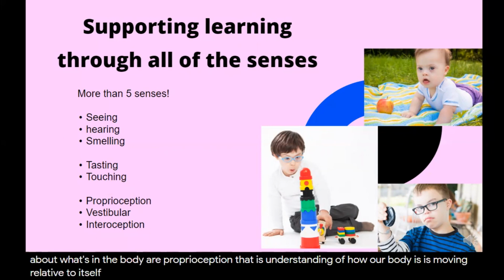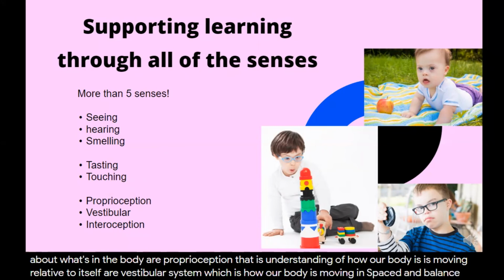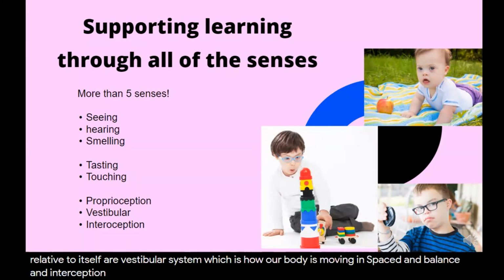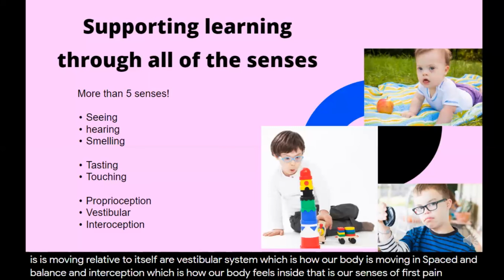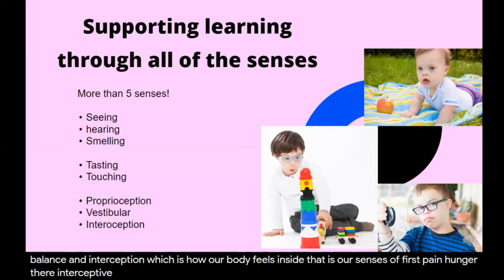Our vestibular system, which is how our body is moving in space, and balance, and interoception, which is how our body feels inside. That is our senses of thirst, pain, and hunger. They're interoceptive. They're things that we feel within our body.